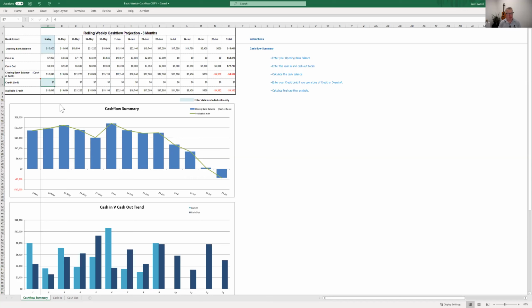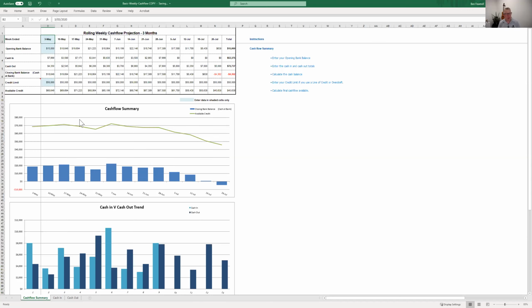So if you know you need 50 grand to get you out of trouble, you need weeks in advance notice to borrow that money. Businesses sometimes aren't forewarned because they're not doing this. You've probably heard the saying, forewarned is forearmed. To me, that really is what's important: making sure you know what's coming.